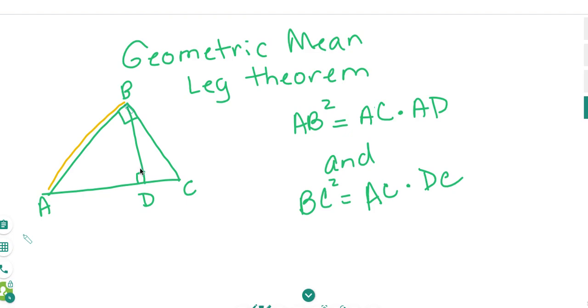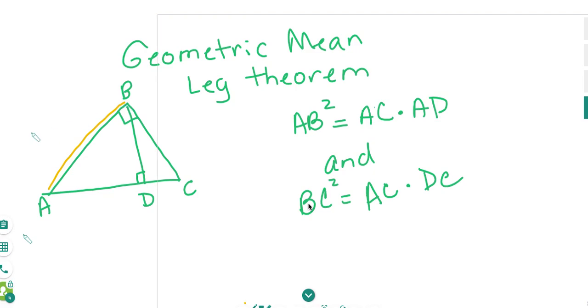So AB squared, this leg of the large right triangle, is going to equal the entire hypotenuse times the part of the hypotenuse that touches that leg. So you have AC times AD.